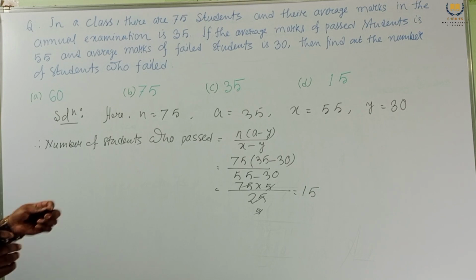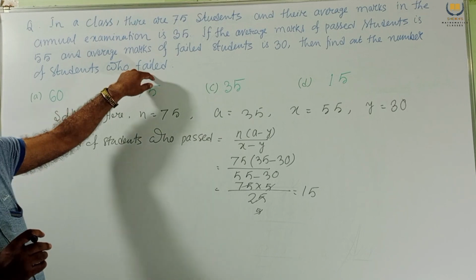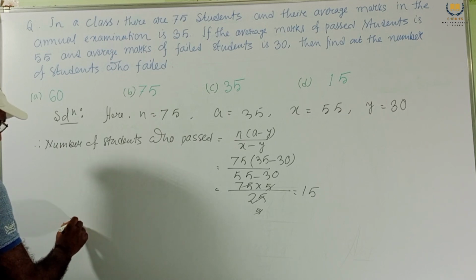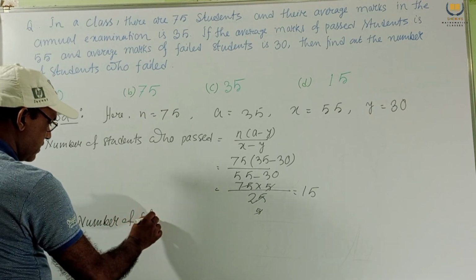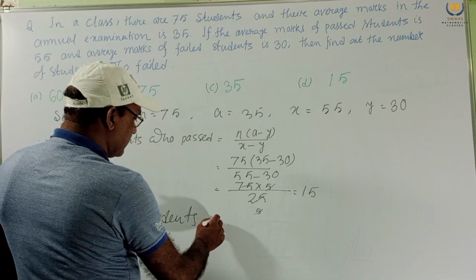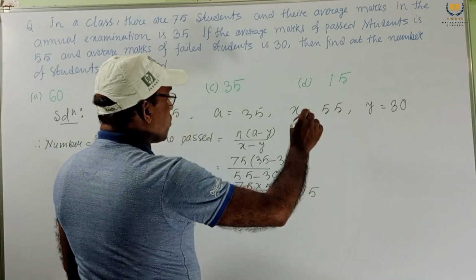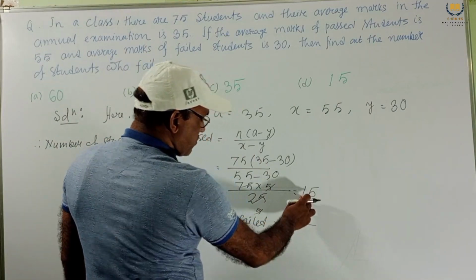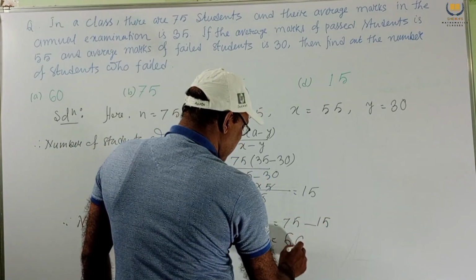But our requirement is to find the number of students who failed. How many students failed? Therefore, the number of students who failed is the total number of students, 75, minus the passed students, 15, and this will be 60.